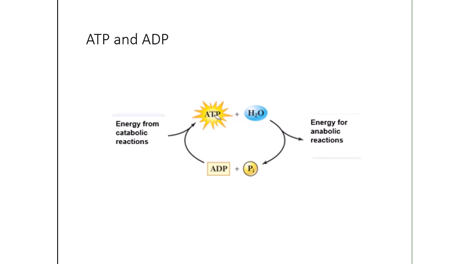Then to release the energy, to harness the energy from the ATP, you will need to add a water molecule. So the water molecule will hydrolyze the ATP and convert it back into ADP and phosphate once again, but in the process you will be releasing energy, and this energy can be used for anabolic reactions.